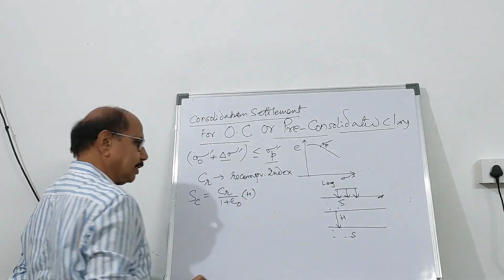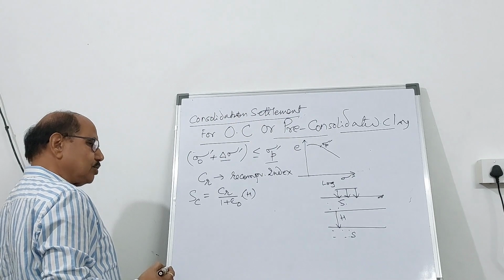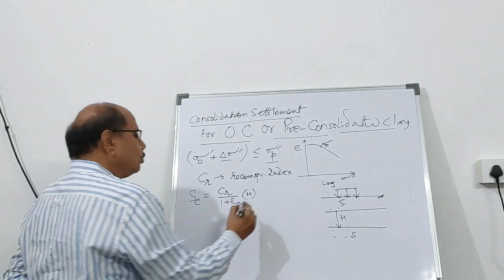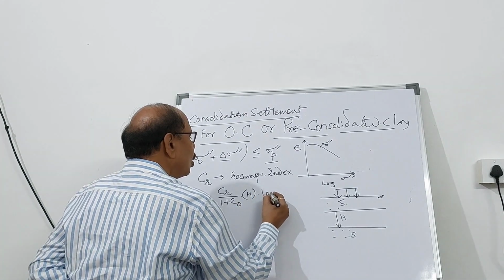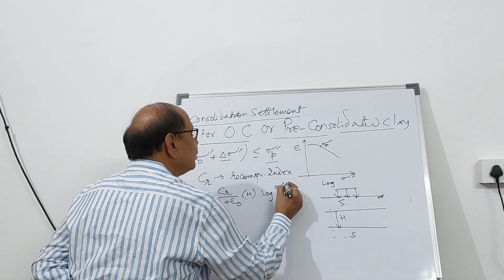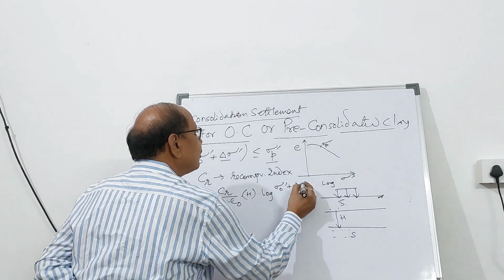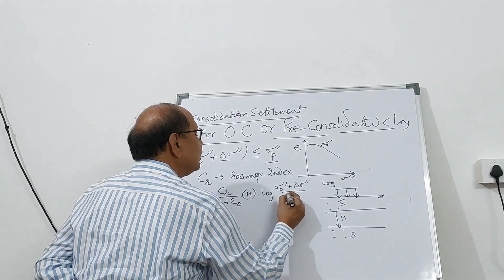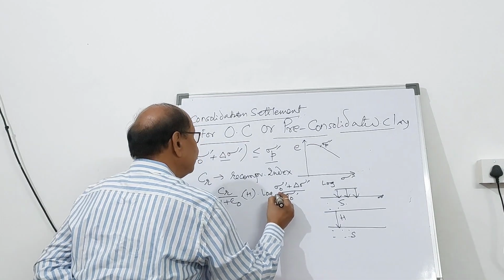of the clay soil mass into log of sigma naught prime plus delta sigma prime divided by sigma naught prime, to the base 10.